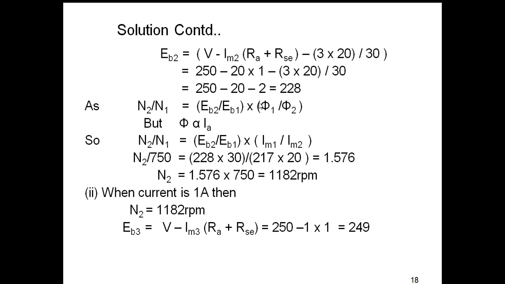Then EB3 is equal to V minus IM3 into RA plus RSE, which is equal to 250 minus 1 into 1, which is equal to 249 volts.